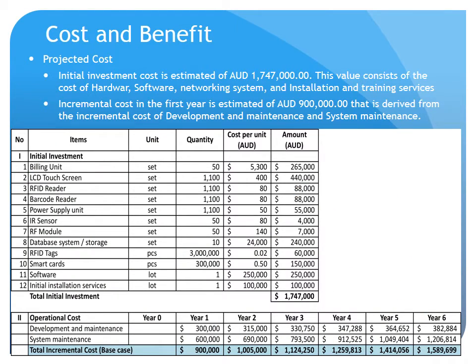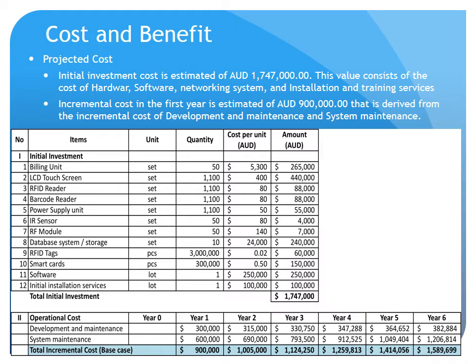Moving on to the next part, I would like you to look at cost and benefit. Projected costs cover the cost of hardware, software, networking system, installation services, and training fees. The initial investment cost is estimated at $1,447,000.